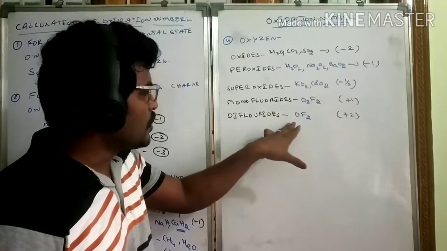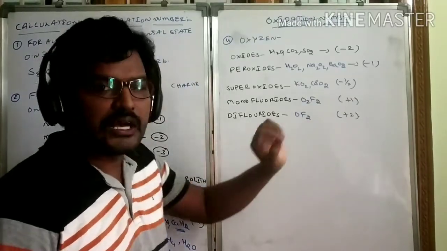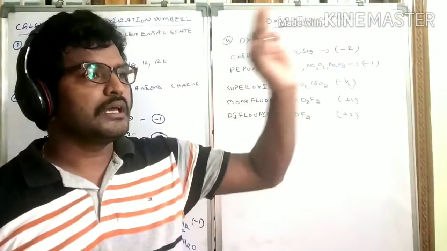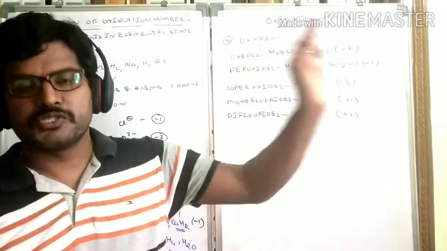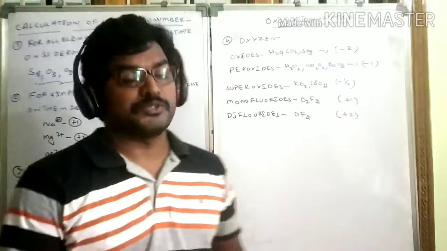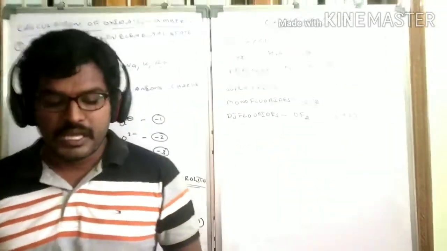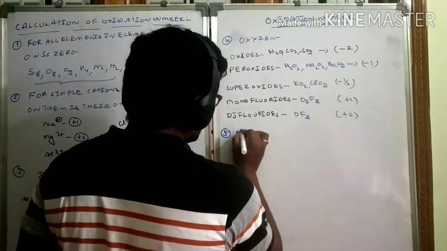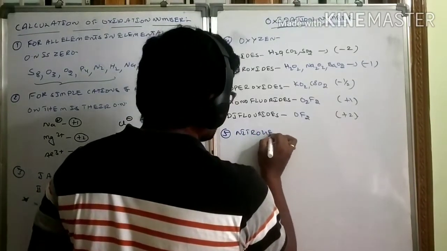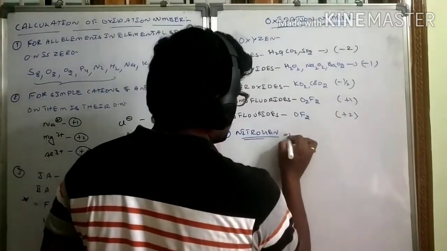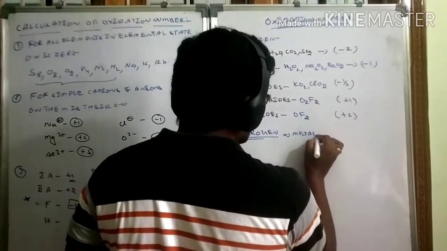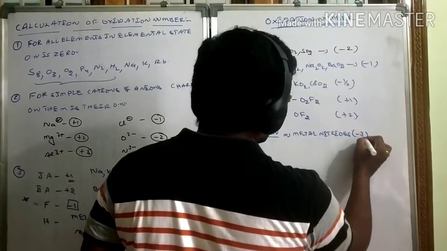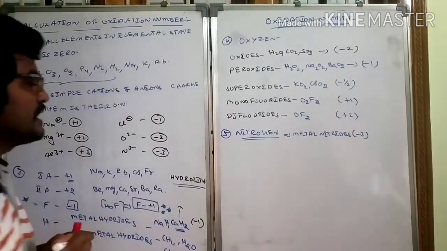So see, for difluorides, OF2, they will ask you in which of the following compounds oxygen can show the +1 oxidation state, or the +2 oxidation state. Like that they will be asking you. And next one you see, mostly for nitrogen, nitrogen will show so many oxidation states, but in metal nitrides it will commonly show the -3 oxidation state.